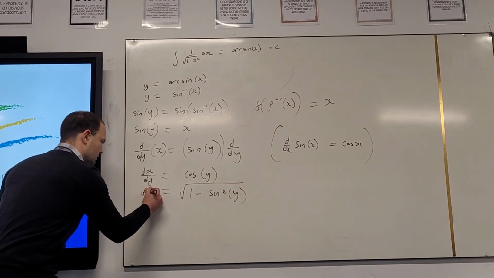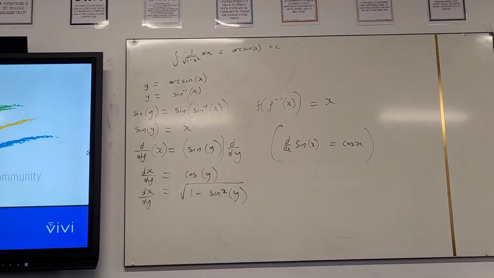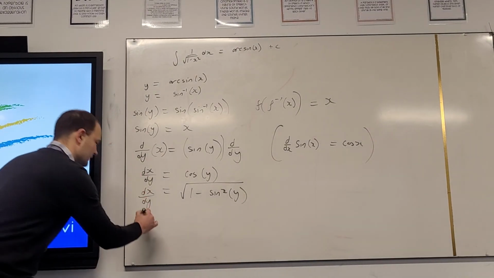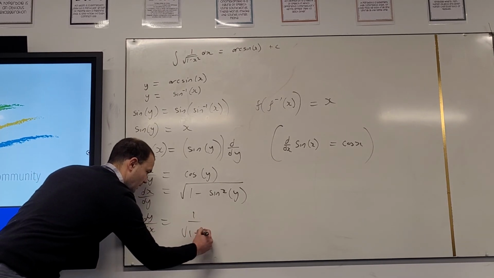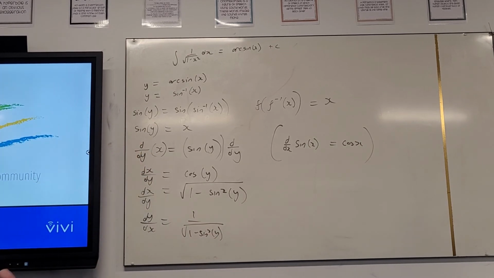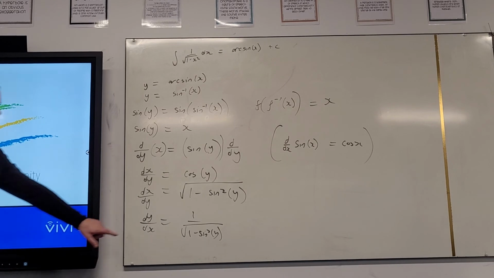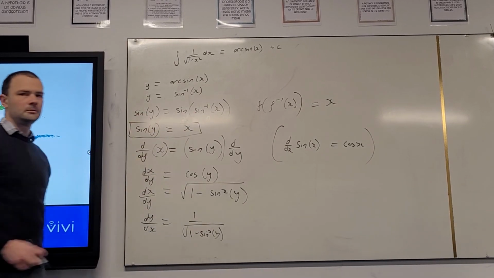So what have we got? We've got dx on dy is equal to this. Now, if we form the reciprocal of both sides, if we flip both sides, we have dy on dx is 1 on the square root of 1 take sine squared of y. We're almost there, there's one more step. What is sine of y? Sine of y is x.